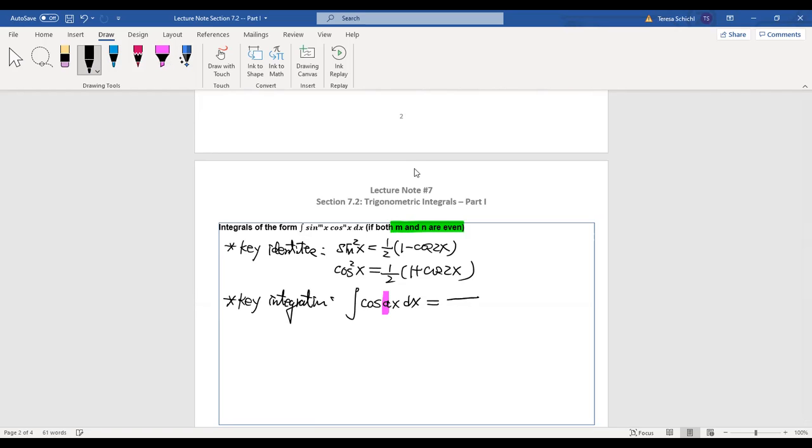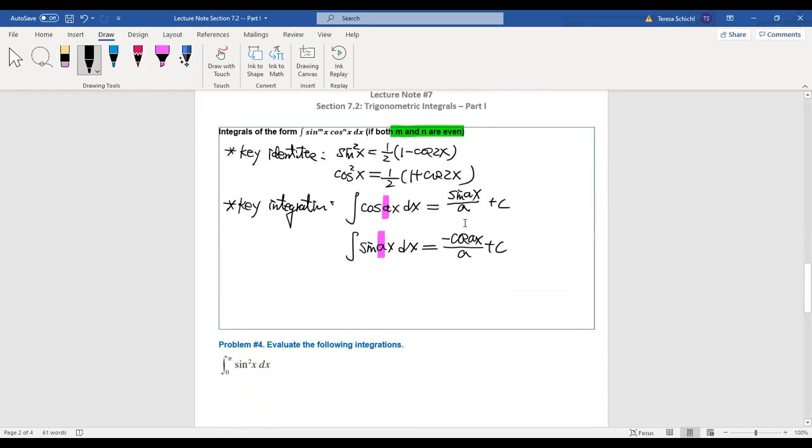This integration will be sine ax divided by a plus C. In the same way, if you integrate sine ax dx, the sine integration will be cosine, so it will be negative cosine ax over a plus C. Of course, this is pretty simple, you could use u-substitution, but if you remember this, it will be a lot easier than using u-sub.